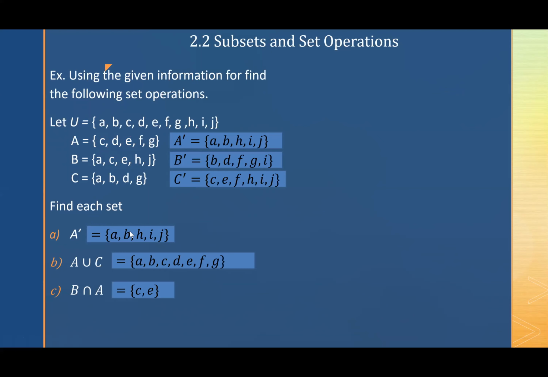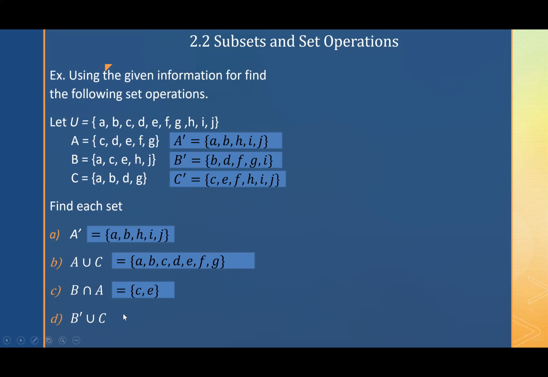So first of all, let's take a look at this one. And this is the reason why I do the A prime, B prime, C prime: because I come up with a question, I know I need it eventually, right? I know I need A prime, B prime, C prime eventually.